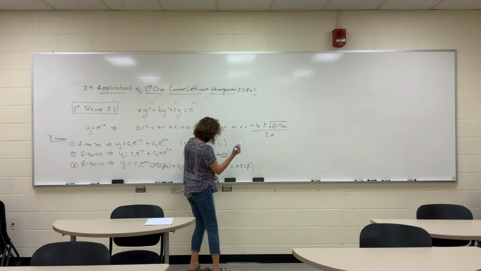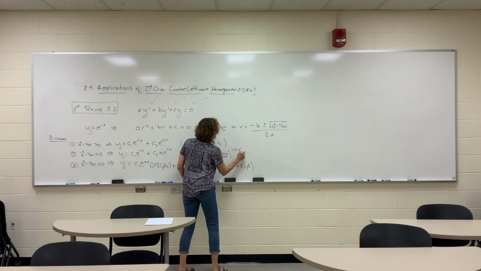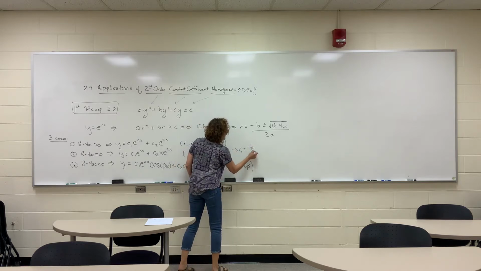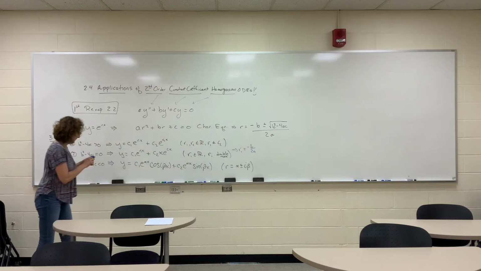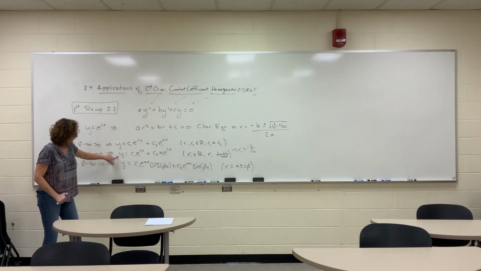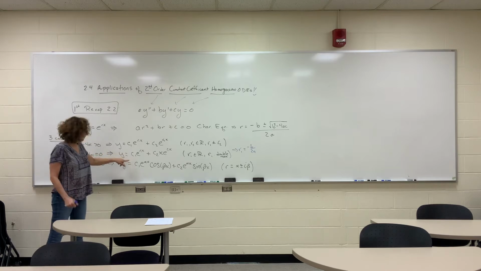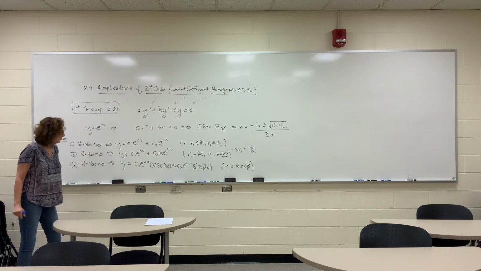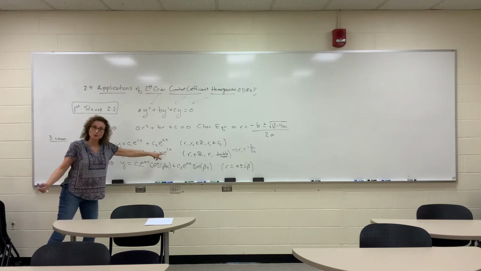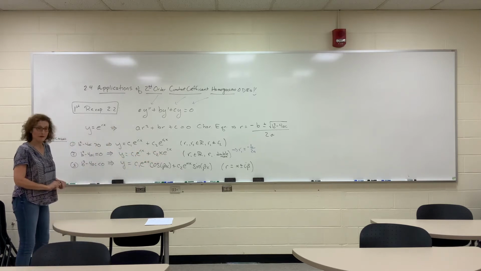What is r1? r1 is just negative b over 2a, because that piece would be 0. And the general solution is c1 e to the r1x plus c2x e to the r1x, and we learned that from our reduction of order to discover our second solution.